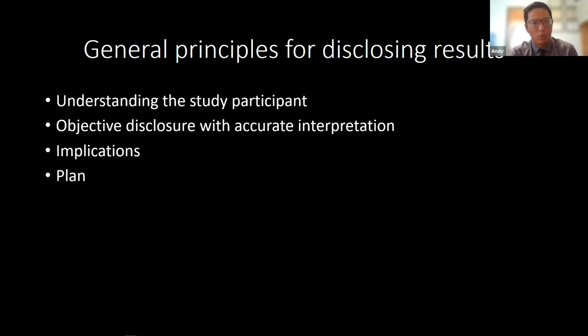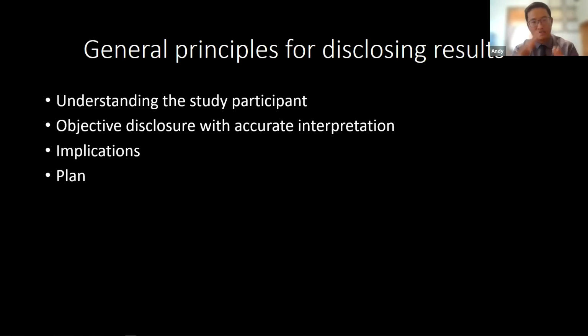So whether you find this or not, and then whether you disclose it or not to the research participant, really goes back to knowing the study participant, knowing the interpretation and the implications. If you're questioning the interpretation and implication, I'd be very hesitant to actually disclose those results.